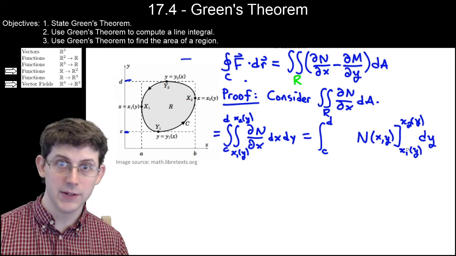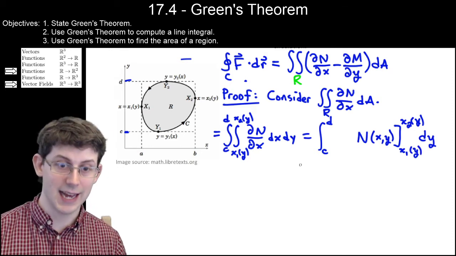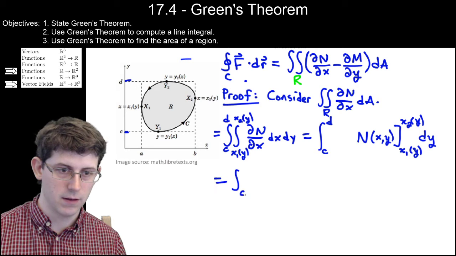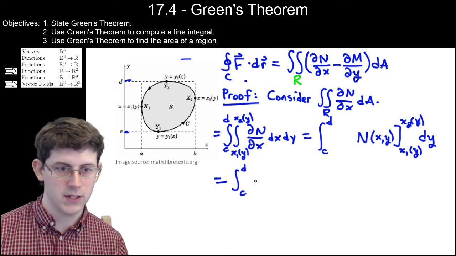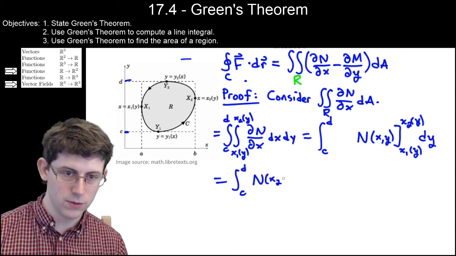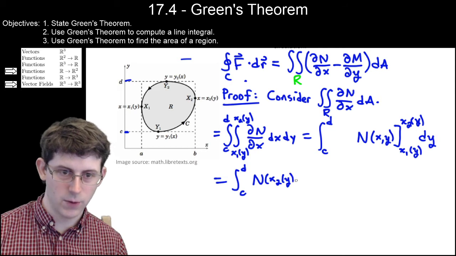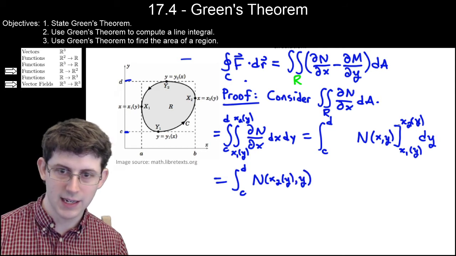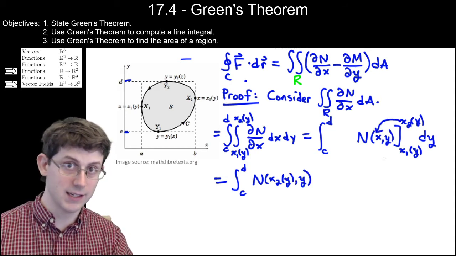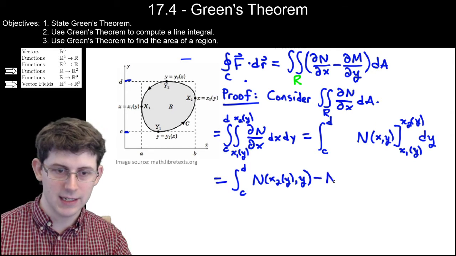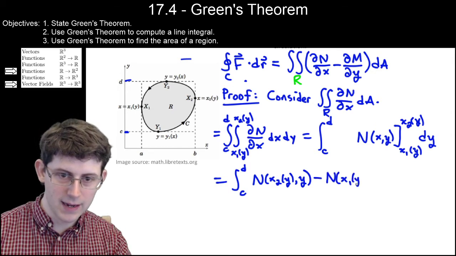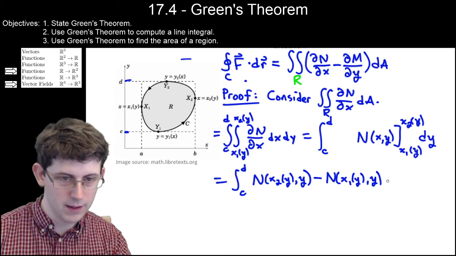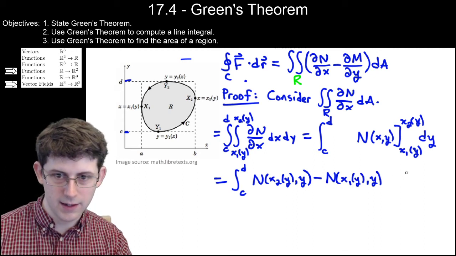These are the x bounds, so I plug them into x. So I have n of x2 of y, comma y. Notice that I just put the x2 in for x, minus n of x1 of y, comma y, and this is all dy.